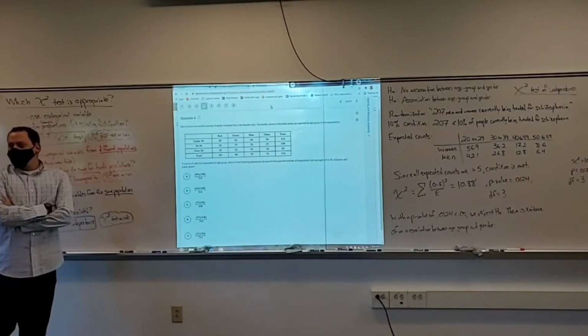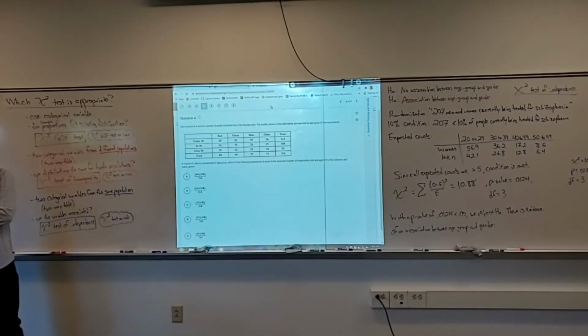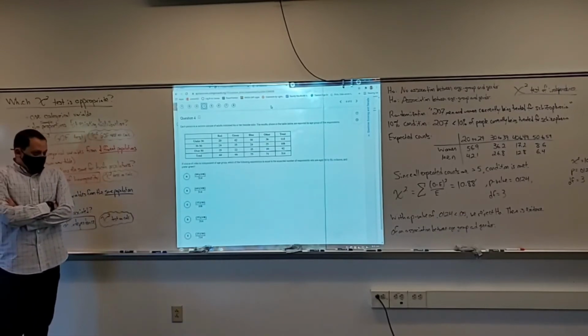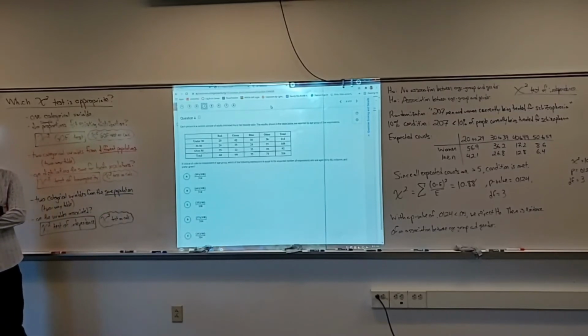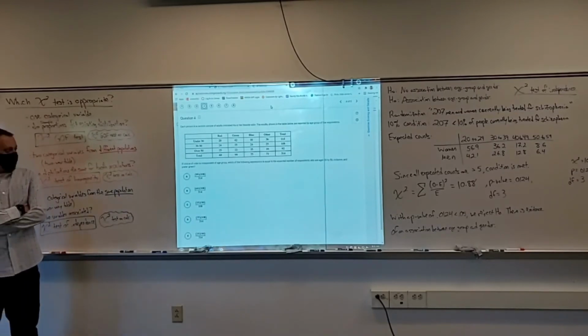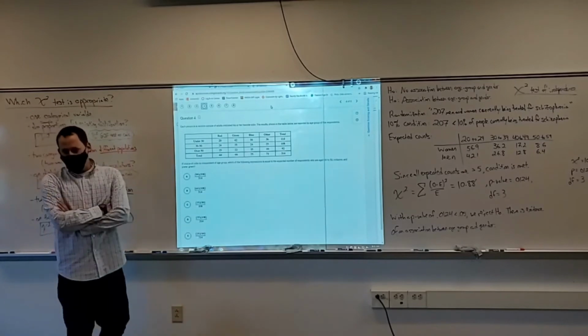Next. There are two ways I can think of to get the answer for this. There's an easy, fast way, and there's a still easy but not so fast way. The fast way involves you knowing how the expected counts are calculated from a two-way table. Does anybody know?